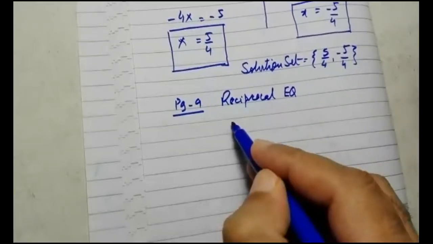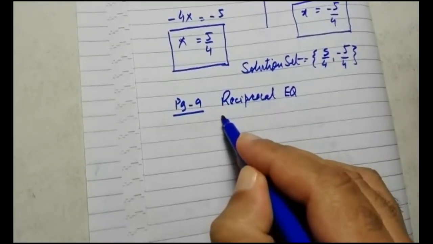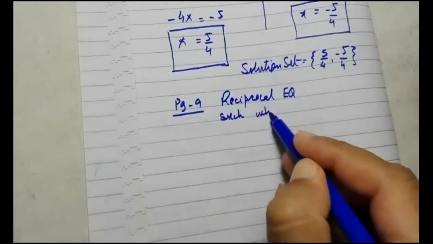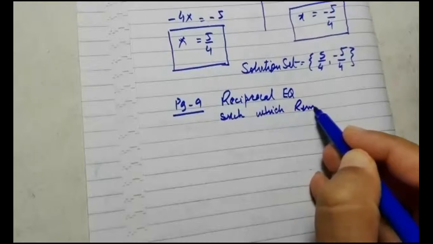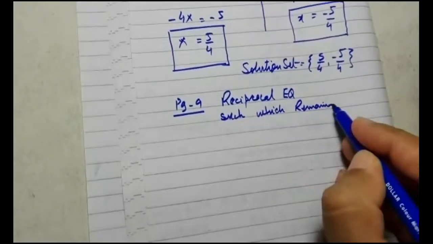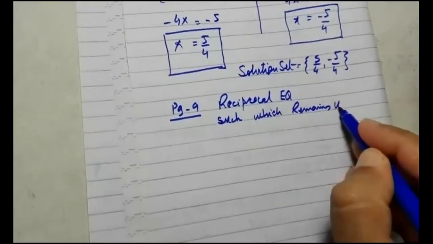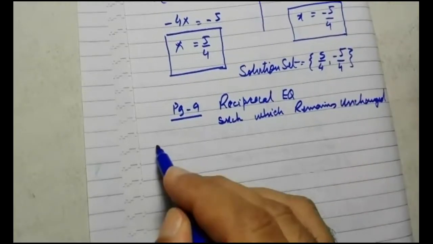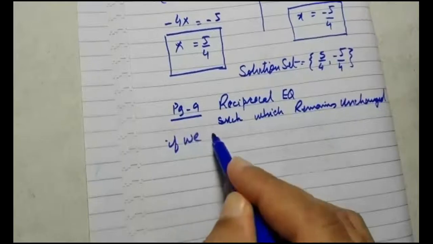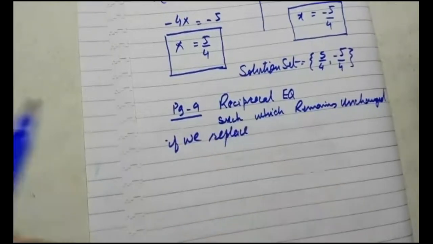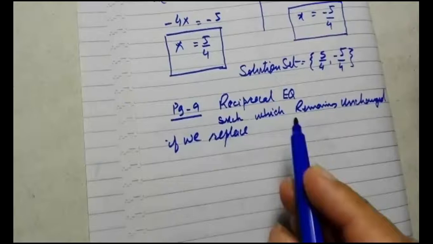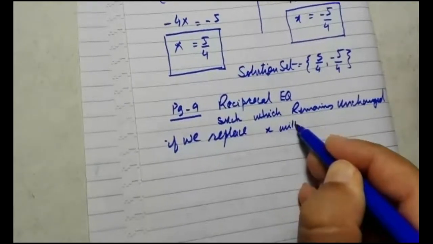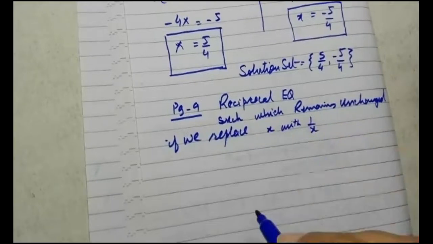If I write the definition in simple words, reciprocal equations are such equations which remain unchanged if we replace x with 1 by x. It will not affect the equation. Such equations are called reciprocal equations.